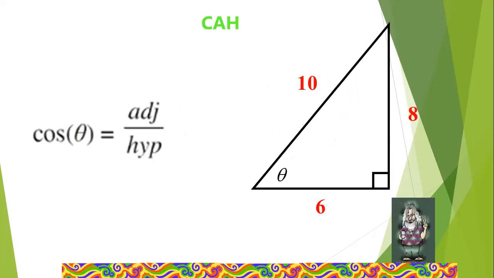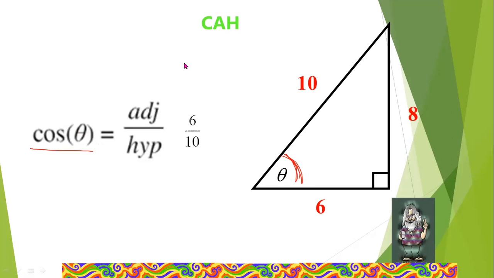Given this example on your screen, we said that cosine of theta equals adjacent over hypotenuse. Given that your angle theta is here, therefore cosine equals adjacent over hypotenuse.